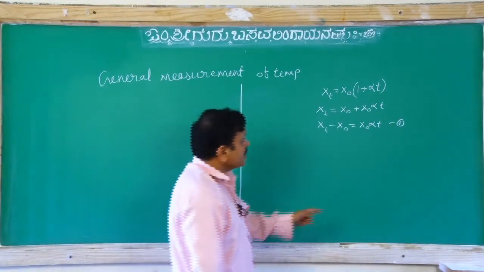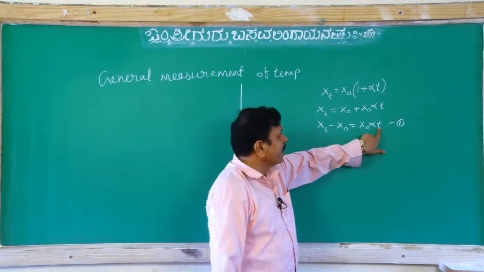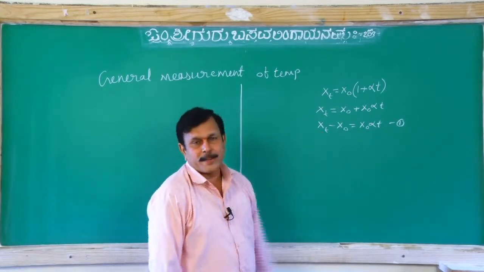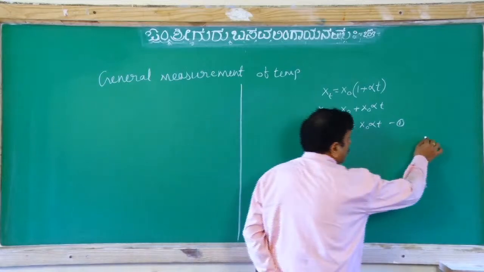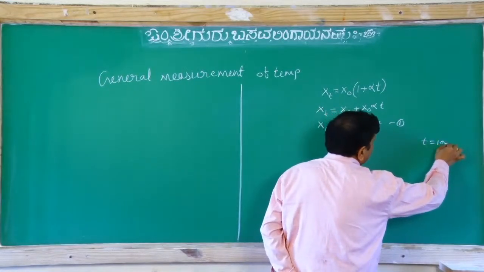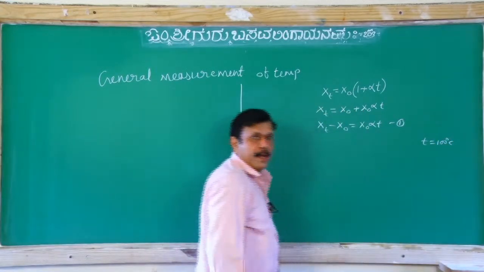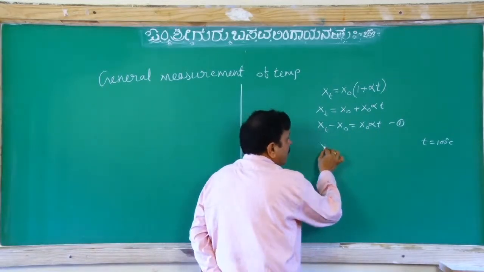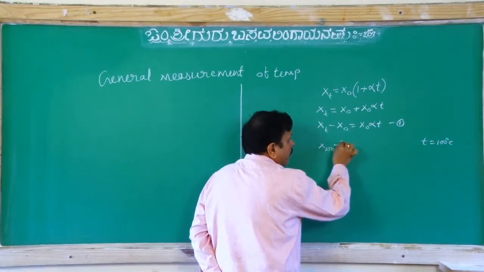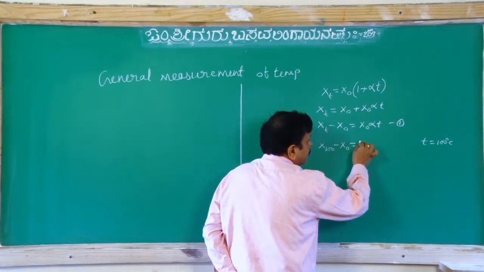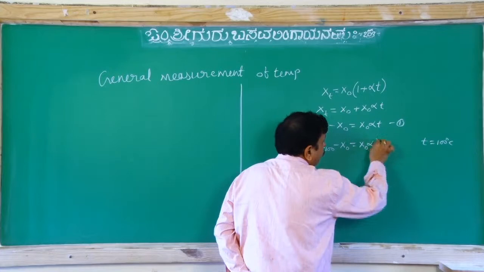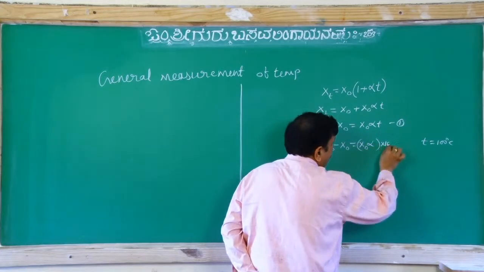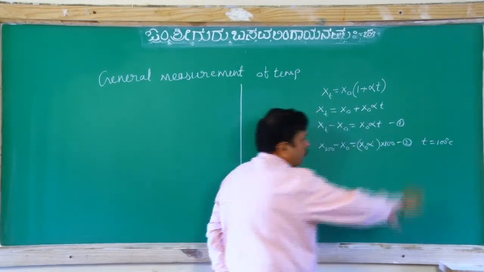Now, let us say at this temperature T, xt is the parameter. If we write T is equal to 100 degrees Celsius, in such a case this equation will become x100 minus x0 is equal to x0 alpha into 100. Equation number 2.